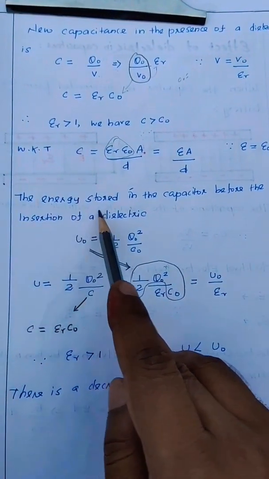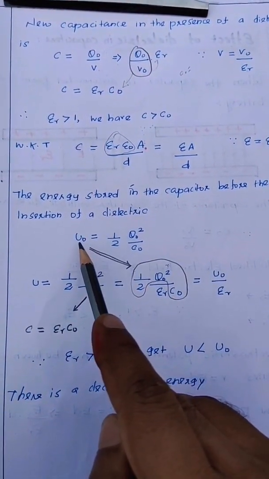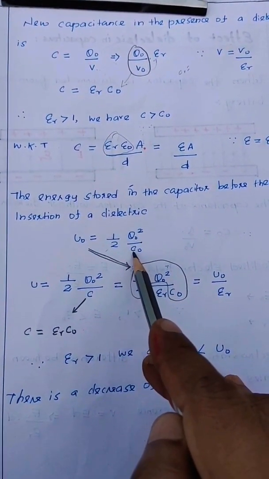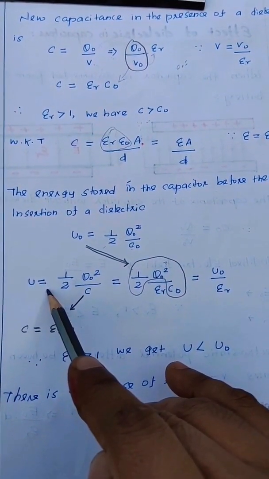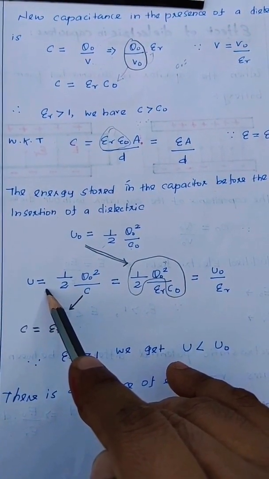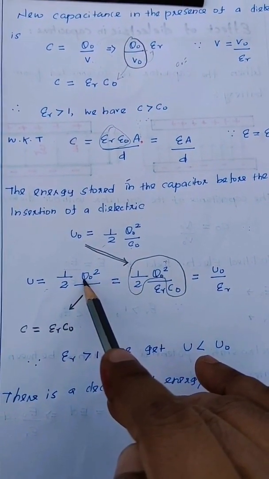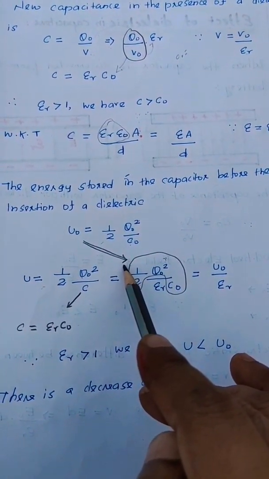The energy stored in the capacitor before the insertion of the dielectric we can write as U naught equal to 1 by 2 Q naught squared by C naught. In the second case, after the dielectric is inserted, the charge Q naught remains constant, but the capacitance increases. As a result, the energy stored in the capacitor is decreased.